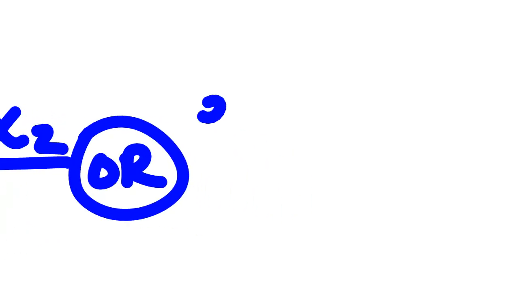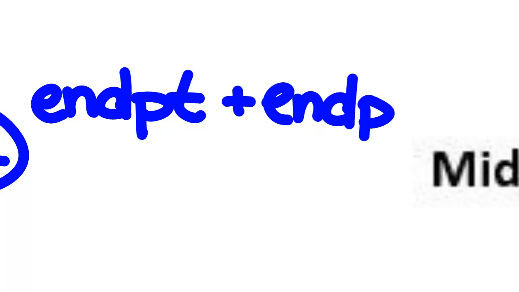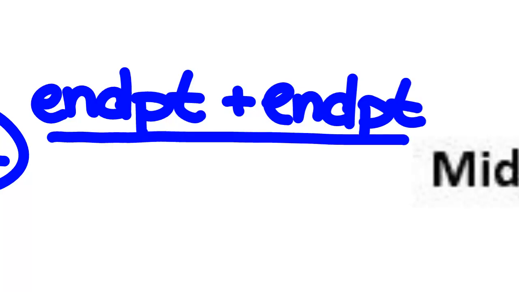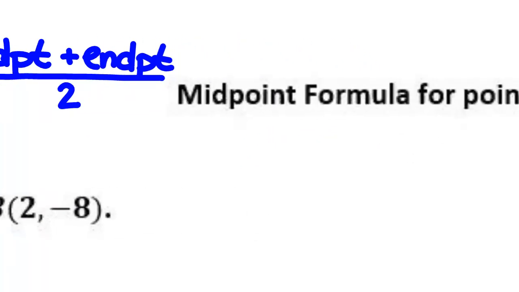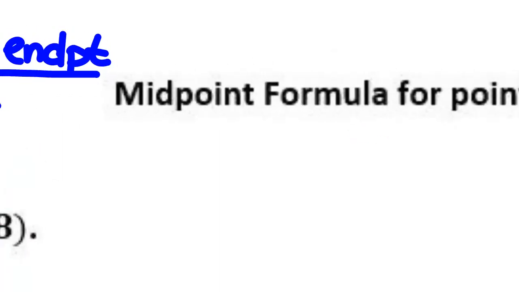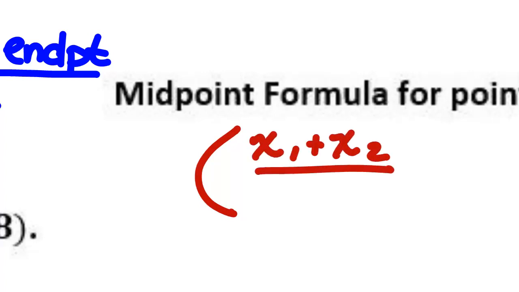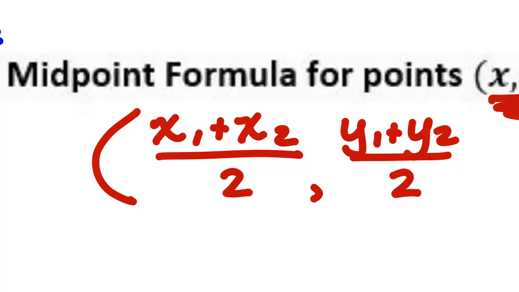Or you could look at this as endpoint plus endpoint divided by 2. That's what we mean when we say we're doing x1 plus x2. Midpoint formula, when we have xy points: x1 plus x2 divided by 2, y1 plus y2 divided by 2.